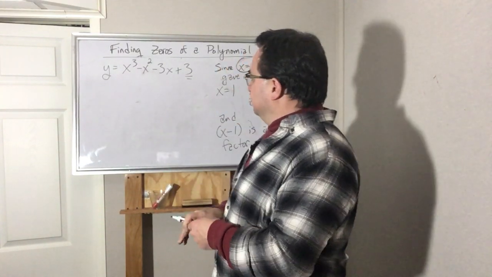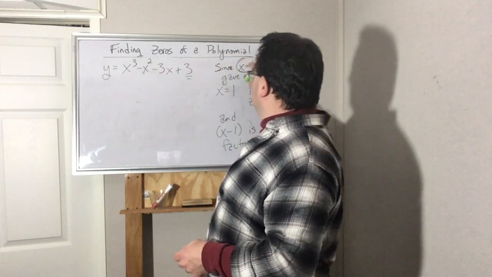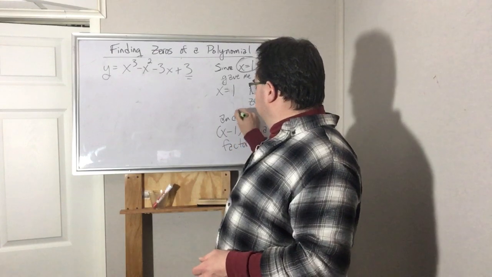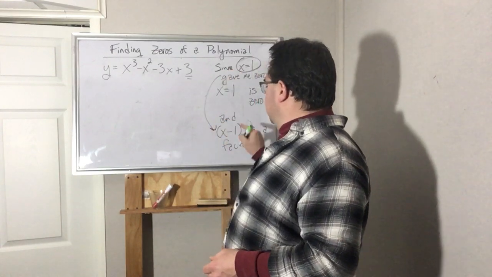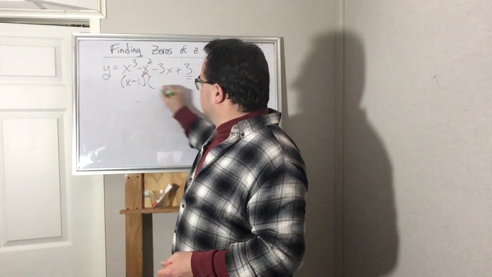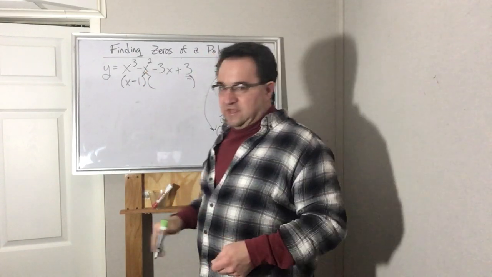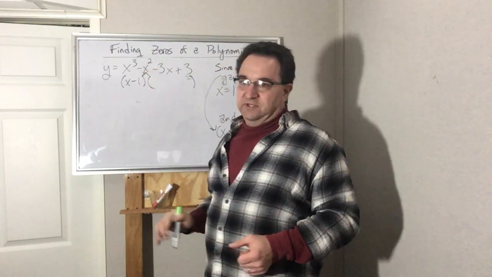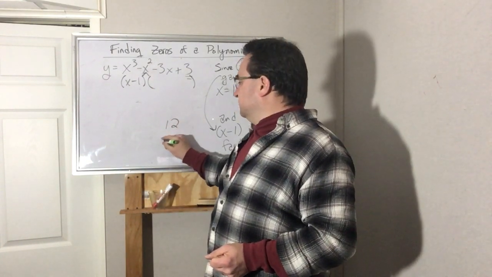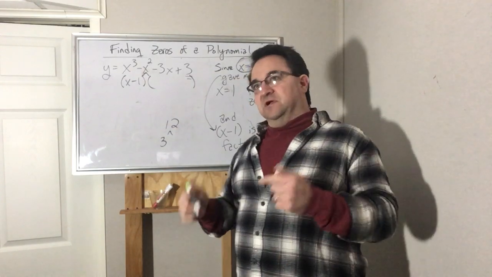So what we're saying is since 1 worked, then that is a factor. And when you say it's a factor, it means you could factor that. This times something will equal that. Just like for 12, we say 3 is a factor because 3 goes into 12.